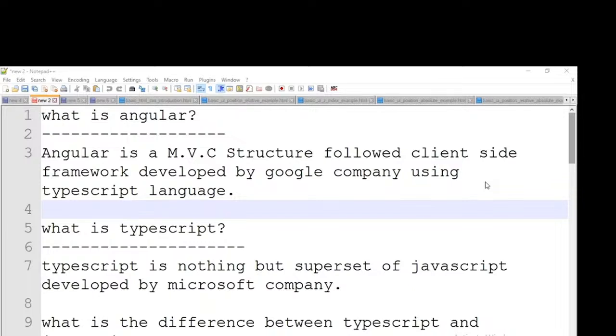So the technologies, whatever you are using, should have the capacity to connect with the database. Those technologies can be called server-side technologies. The technologies that don't have the capacity to connect with the database can be called client-side technologies.